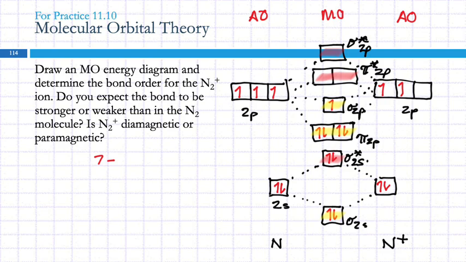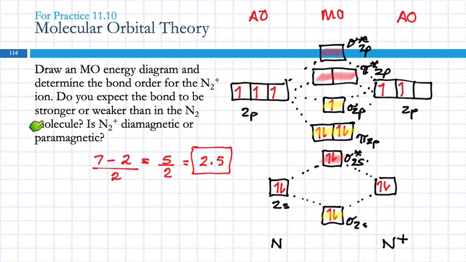So 7 minus 2, that quantity divided by 2. So that's going to be 5 halves, or 2.5. So that's the first answer in this question. Determine the bond order. And the bond order is 2.5.